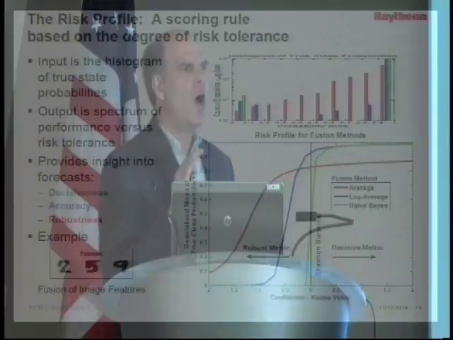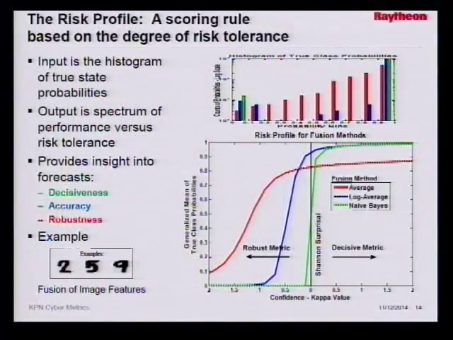And in this particular case, again emphasizing this point, the log average turns out to be a very good model. And they're related. This is not disconnected, because the log average is also equivalent to the geometric mean of the probabilities.